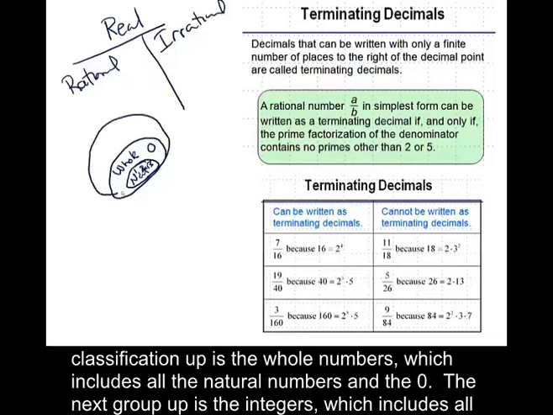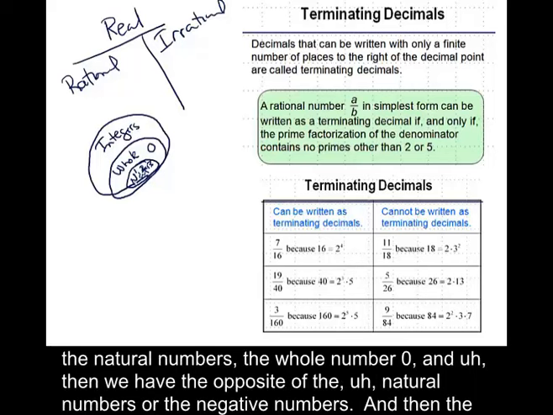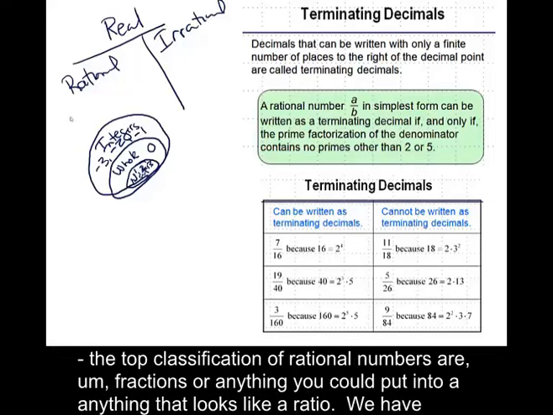The next group up is the integers, which includes all the natural numbers, the whole number 0, and then we have the opposite of the natural numbers, or the negative numbers. And then the top classification of rational numbers are fractions, or anything you can put into anything that looks like a ratio.